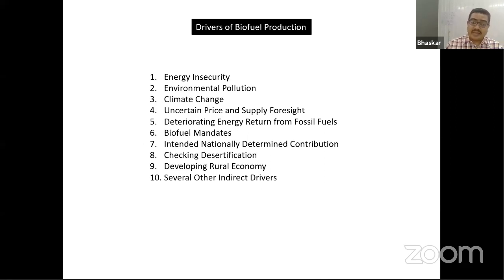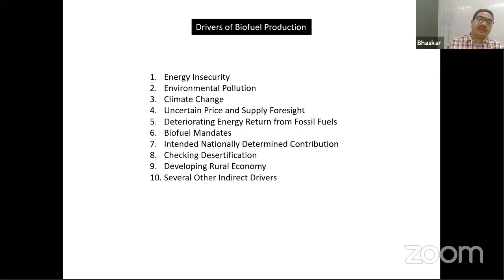The biofuel mandates are there. Recently, the government of India has mandated that by 2030, a significant portion of the mineral fuels, particularly diesel and petrol, must be blended with ethanol or biodiesel.